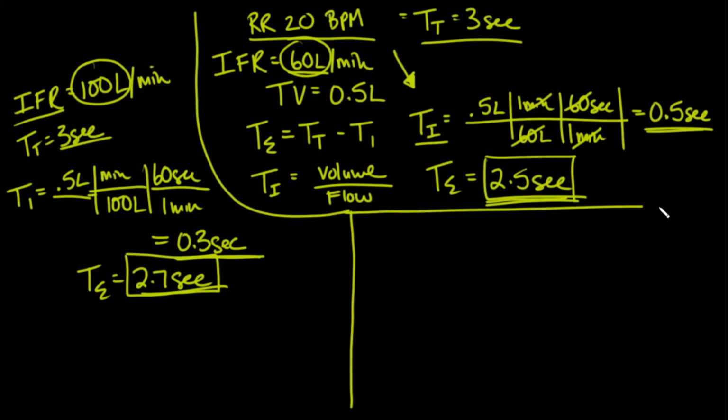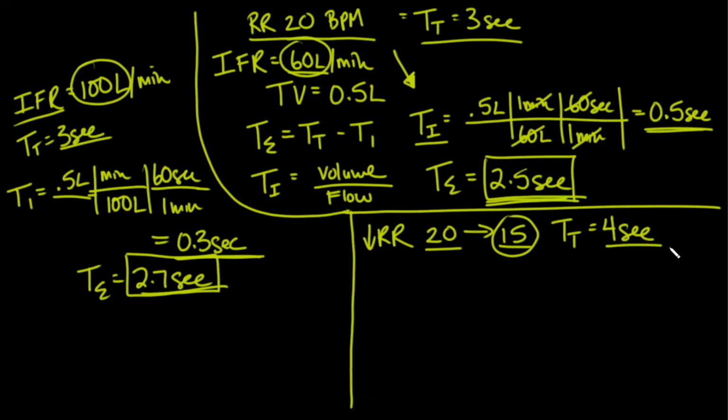And so for that, let's go to the other thing that we can do, which is to reduce the respiratory rate. So by reducing the respiratory rate, we are going to, let's say, go from a respiratory rate of 20 to 15. What does that mean? Now, because we're breathing 15 times a minute, our total time is going to be 4 seconds because there are 15 4-second intervals in a minute.